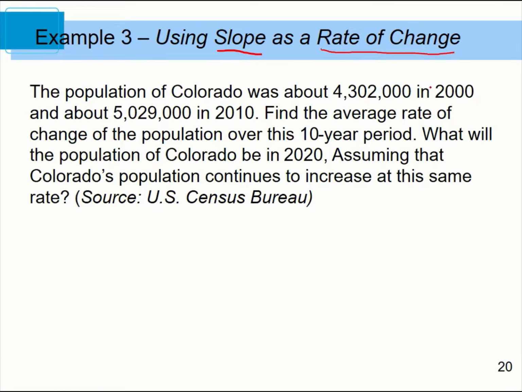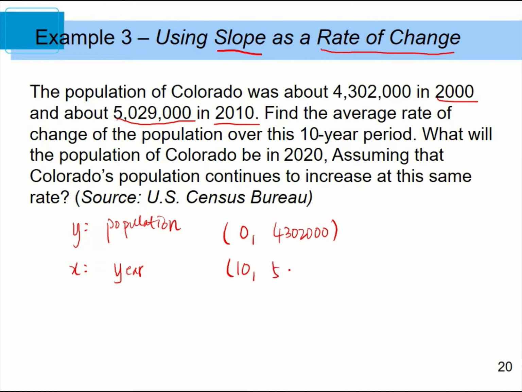Now after 10 years, the population is 5,029,000. So what is the difference of population? The difference of y is 5,029,000 minus this.